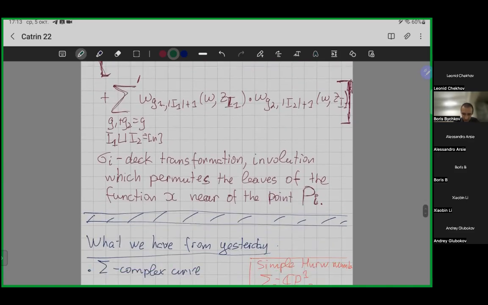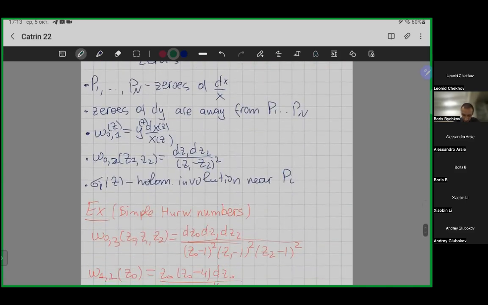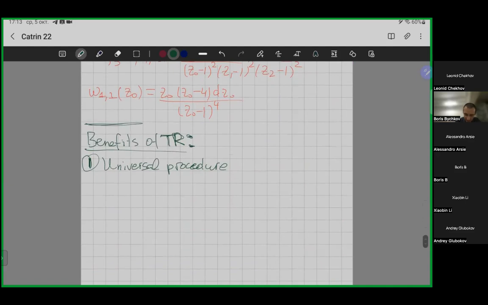Also, in many cases, it's a really very efficient way to compute these invariants, these correlation functions or Taylor coefficients of these correlation functions. Correlation functions, I mean this H, let's say the generating series for Hurwitz numbers in the example.